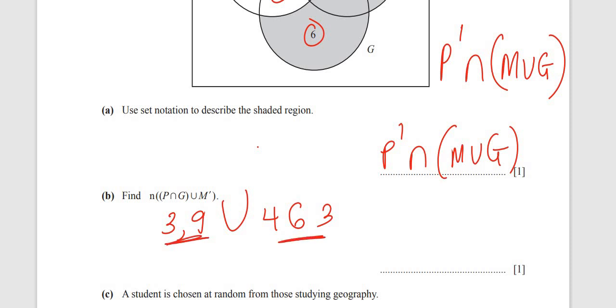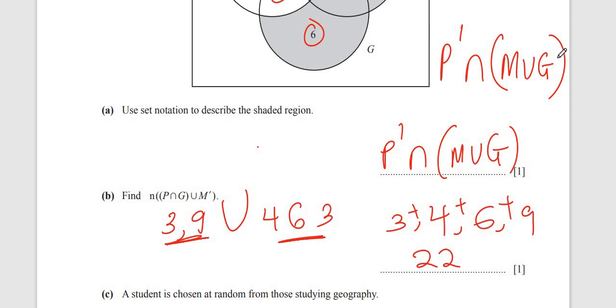So there is a 3 in both of them, there is 4 in one of them, there is 6 in both, and then 9 in one of them. So to get the number, you just need to add all together. 3 plus 4 is 7, plus 6 is 13, 13 plus 9 is 22. So n is equal to 22.